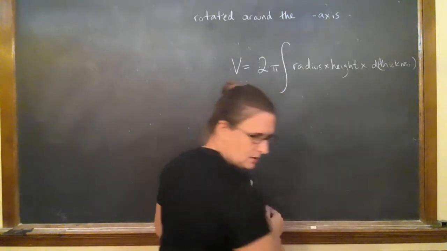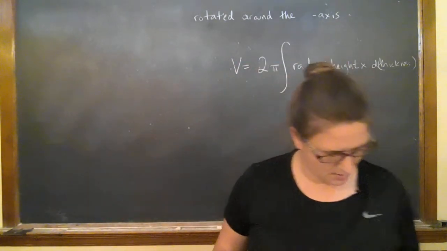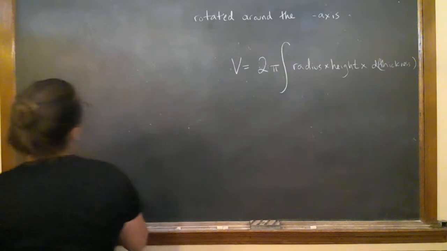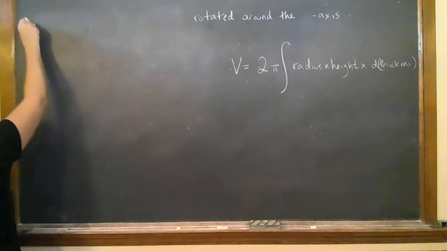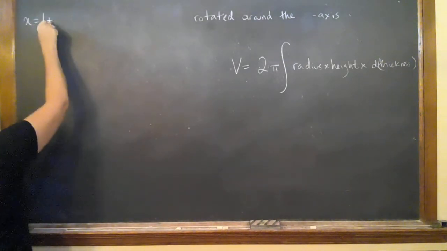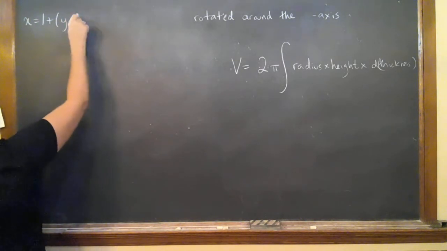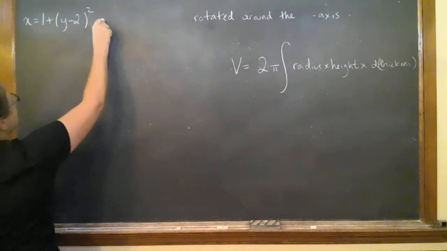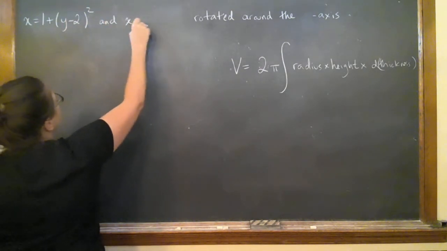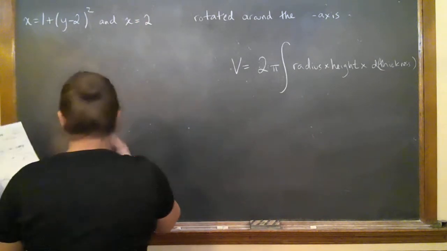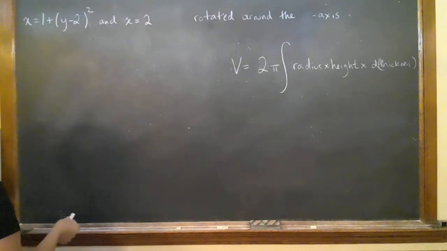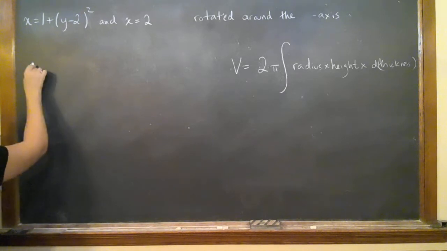So let's see, where was this example? We want the region between x equals 1 plus y minus 2 squared and x equals 2, rotated about the x-axis.